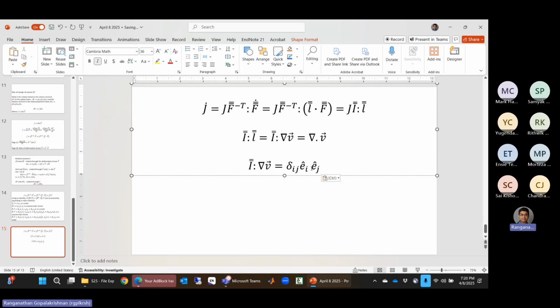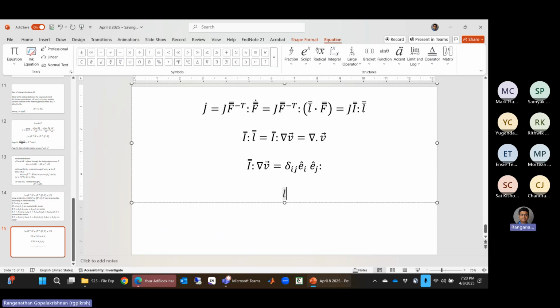EiEj, and then I have to do a double inner product with the velocity gradient. How would you express that? Vk, Ek. The velocity gradient, if you write Lkl, is the partial derivative of Vk with respect to Xl.